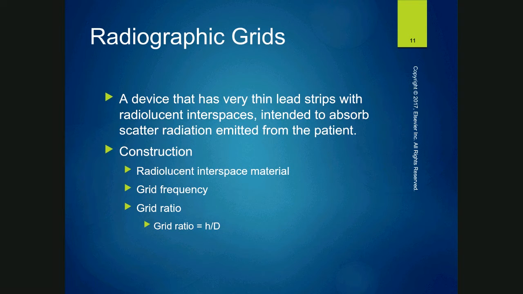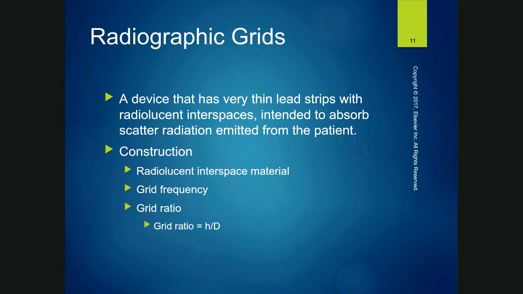Radiopaque means the opposite of radiolucent. So instead of letting X-rays pass through, something that is radiopaque does not allow X-rays to pass through. It's going to block the X-rays. Same thing if you were talking about a piece of glass that was opaque. It would be something that you could not clearly see light or color or whatever through.